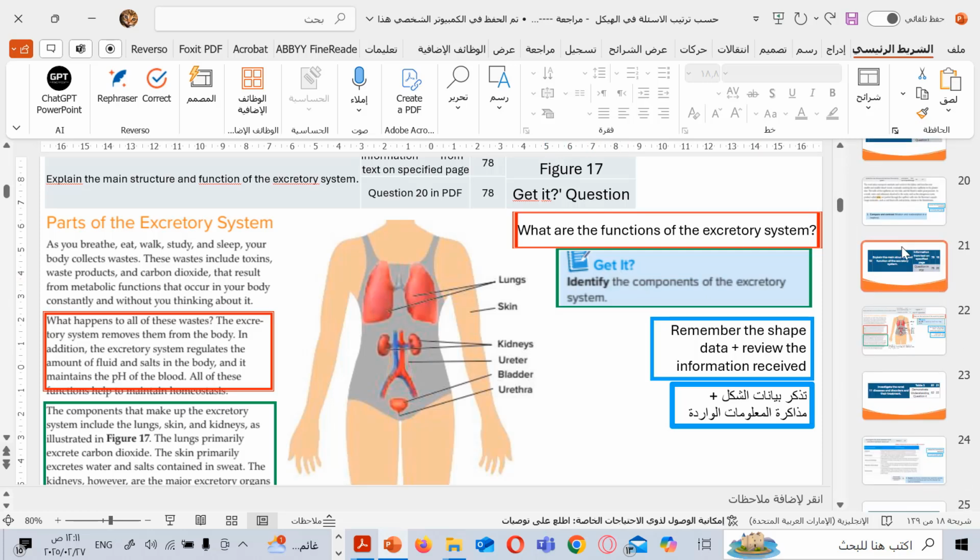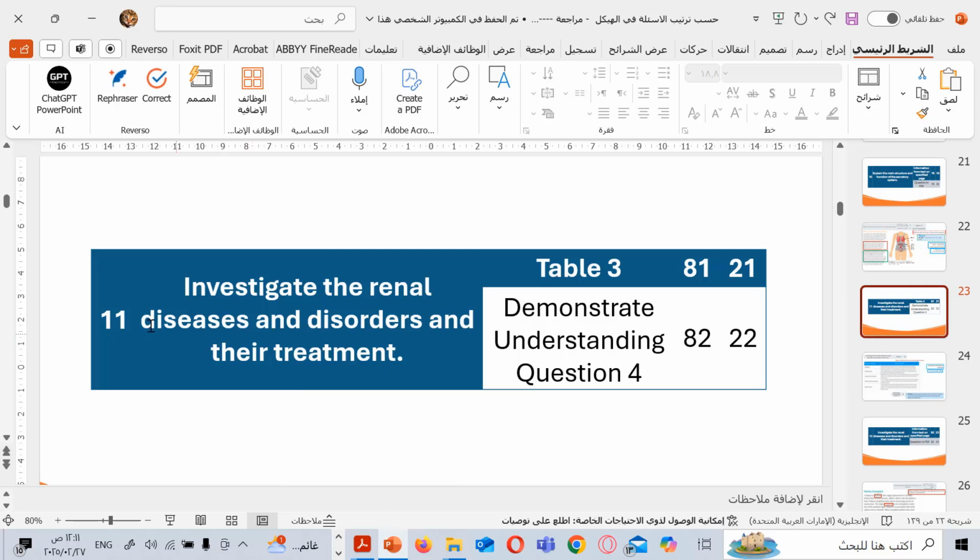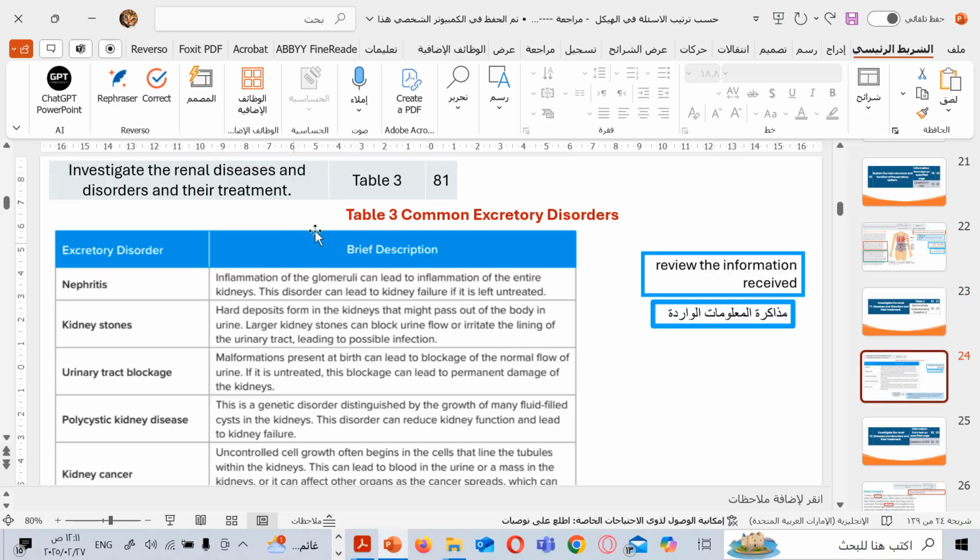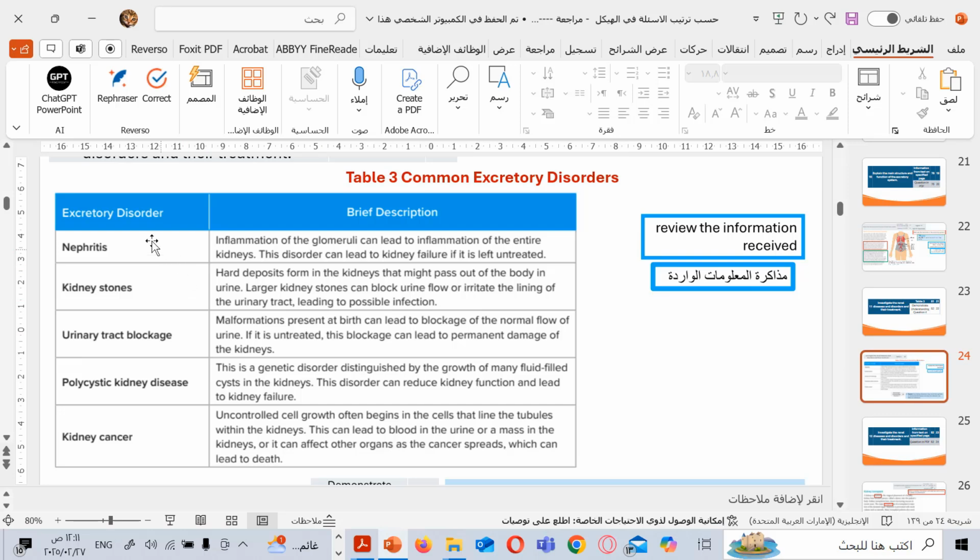Okay, right. Let us go to question number 11. Question number 11 uses table 3 and demonstrates understanding, question 4. This is table 3. It's about the common excretory disorders. We have here the common disorders, the excretory disorders, and this is the brief description of what will happen.